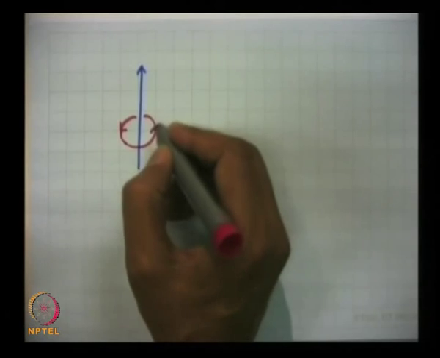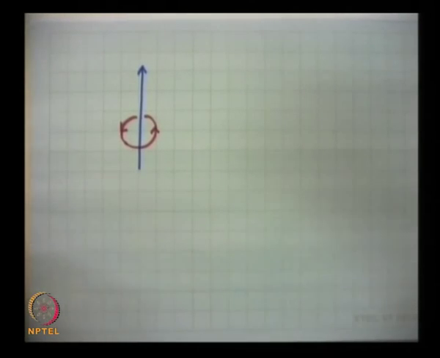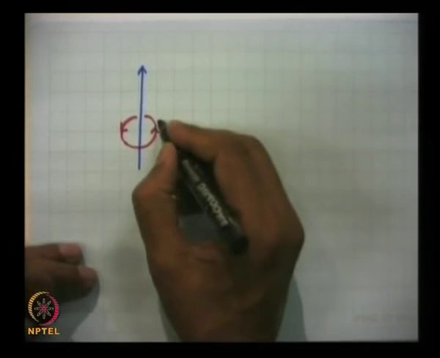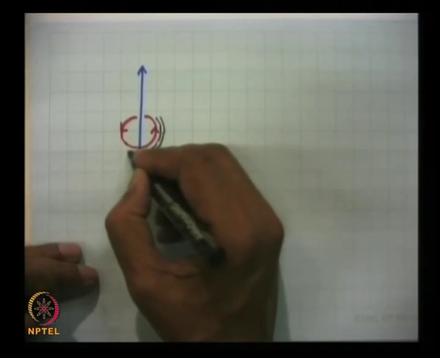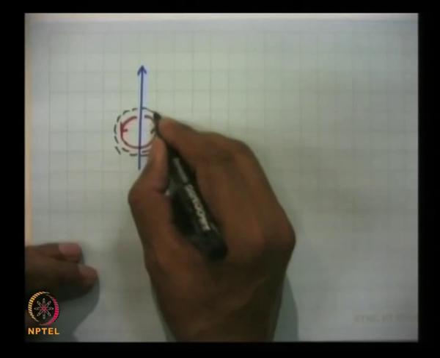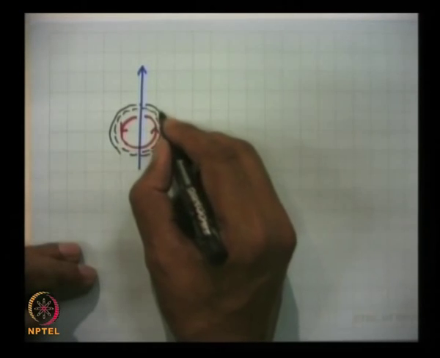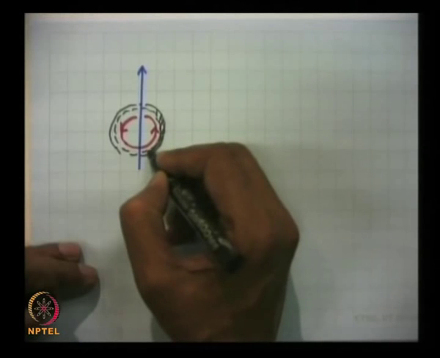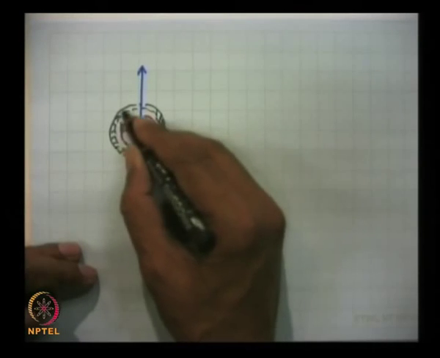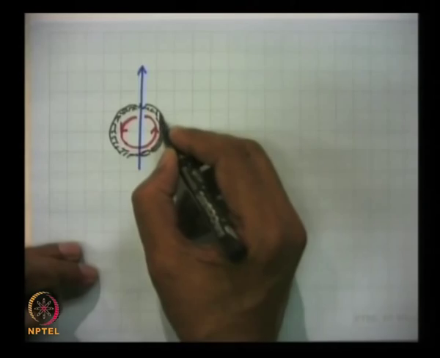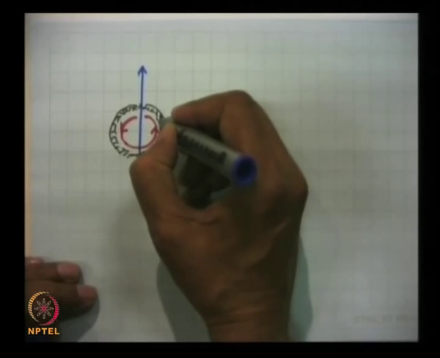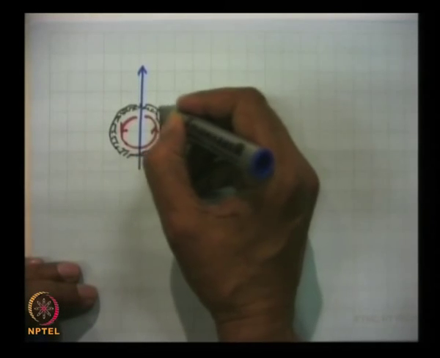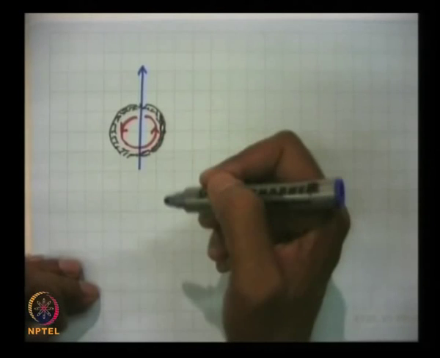And if you can create a plasma somewhere in this region, one would expect that the particles in this region, because they are moving along the field lines and gyrating about the field lines, may be confined.